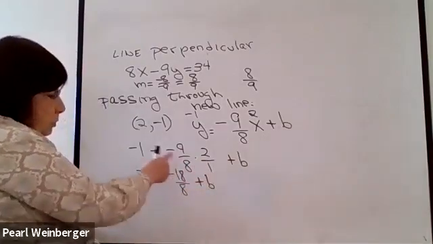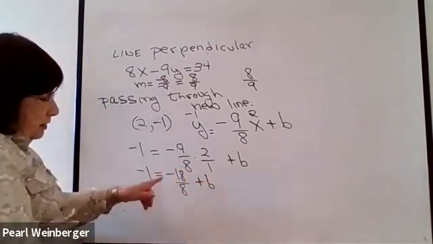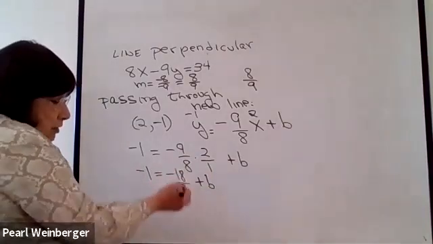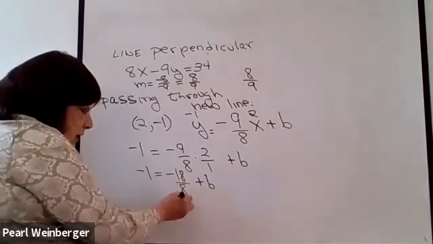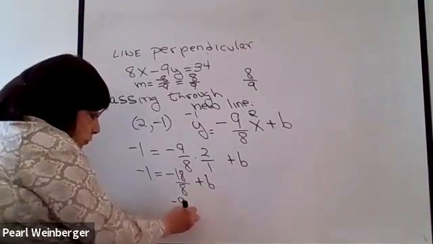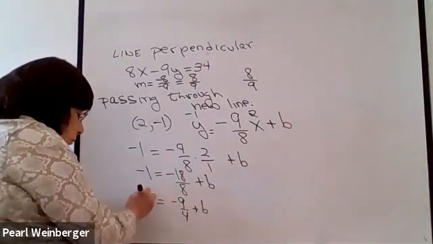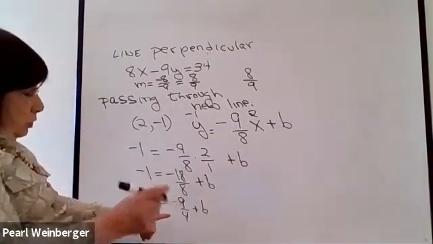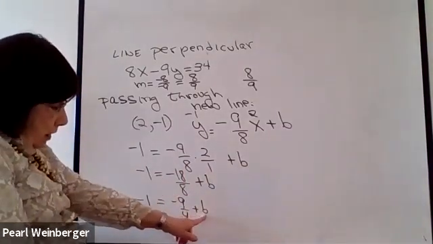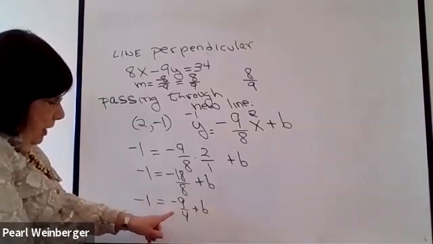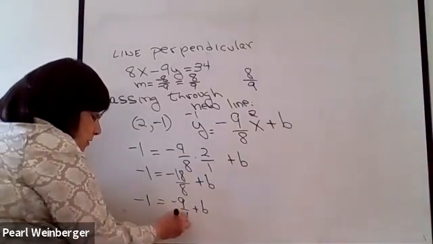If possible, try to simplify. Negative 18 over 8 reduces to negative 9 over 4. So in order to find b, I have to add 9 over 4 to both sides of this equation.